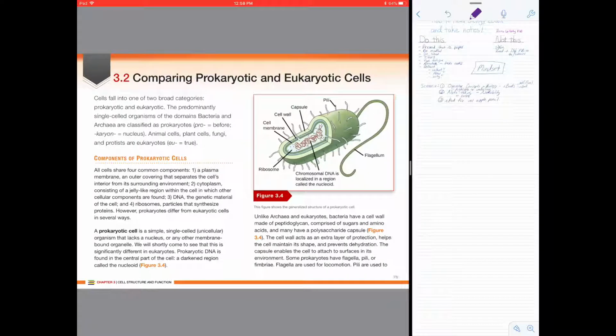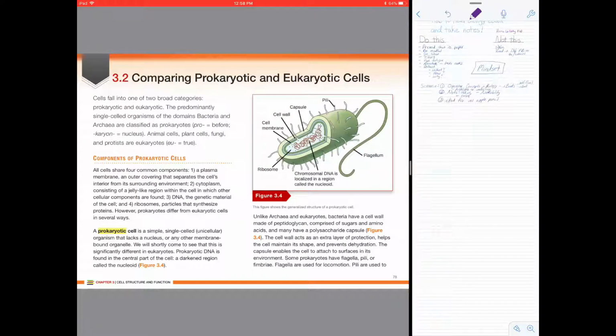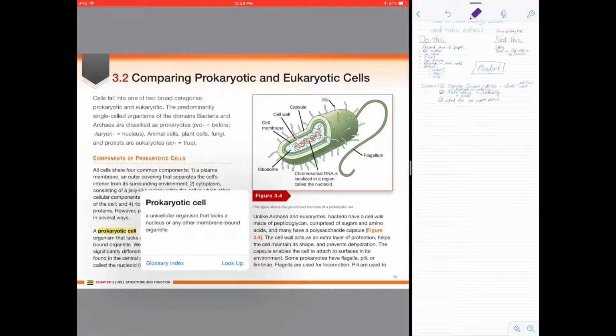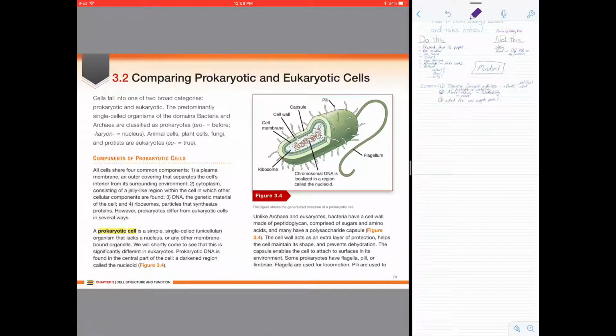So this is highlighted, so I know that this is important. Because of iBooks, I can do that, but I don't need to do that. So what's important is it's single-celled, lacks a nucleus, and doesn't have any membrane-bound organelles, so that's important.